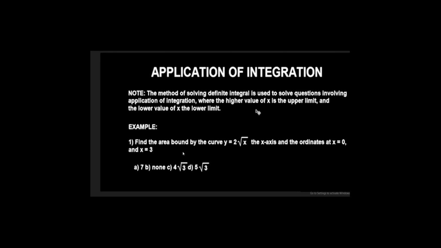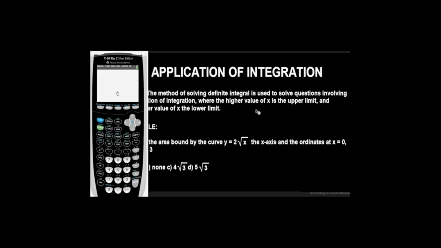So this kind of question, guys, is under application of integration. Here x has two ordinates, at x equals 0 and at x equals 3. Now let's get the TI-84 Plus calculator and solve this.